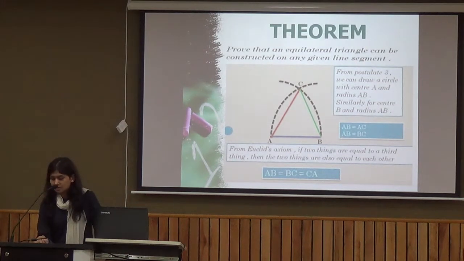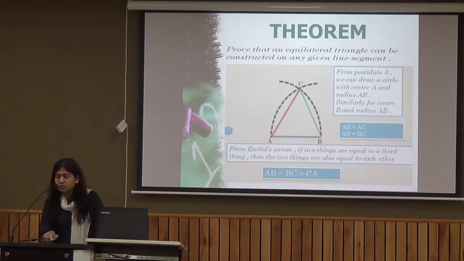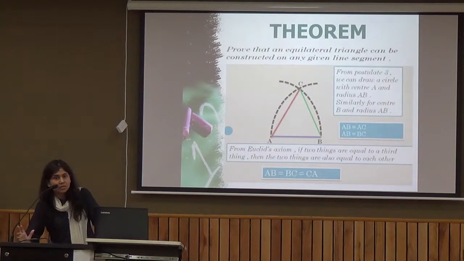Similarly, taking B as a center and radius BA, you can construct another circle. When you draw this arc, you can see that these two arcs meet at a common point, mark it as C, such that BA is equal to BC, because radii are always equal in a circle.